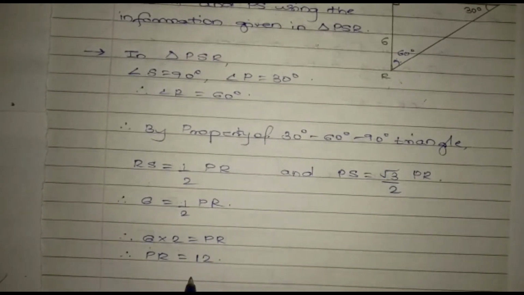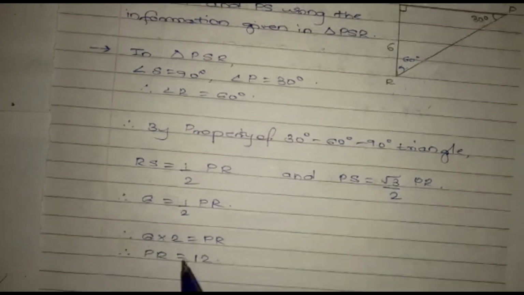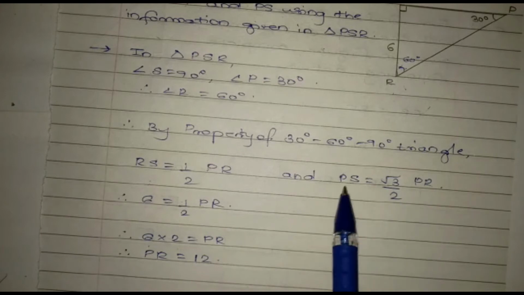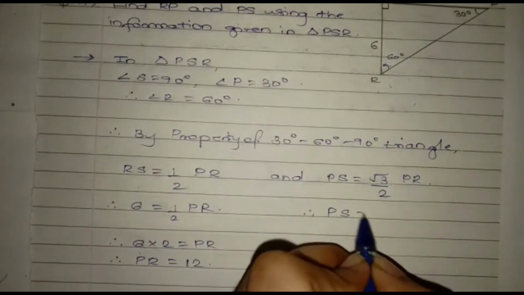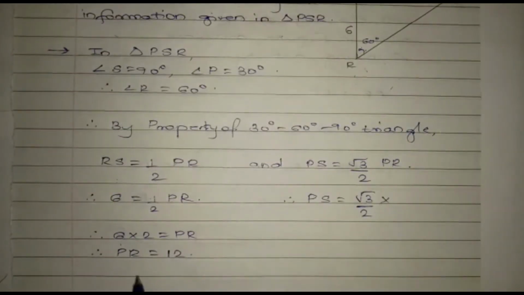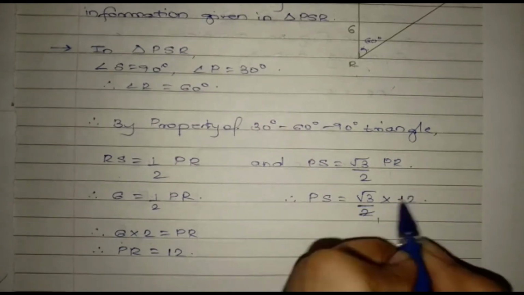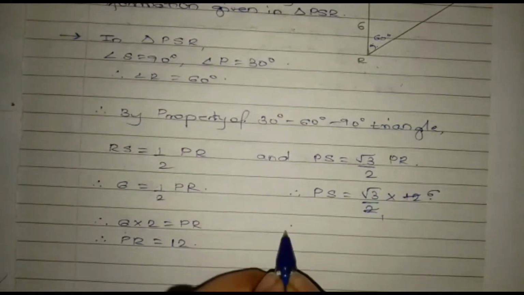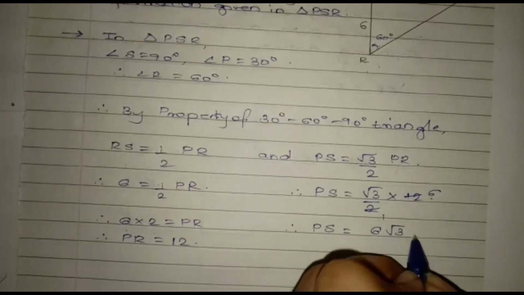Okay, we got PR as 12, so we will substitute it here and we can find out PS. Therefore PS is equal to root 3 by 2 into PR, that is 12. So 2 1s are 2, 2 6s are 12. Therefore PS is equal to 6 root 3.